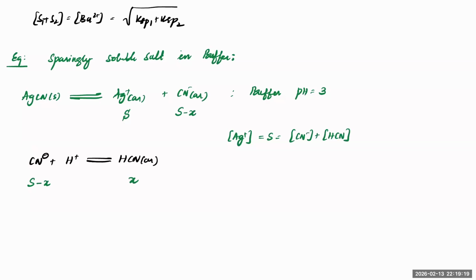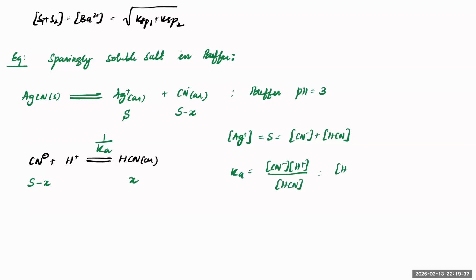And also, the second equilibrium is about the Ka value, 1 by Ka. So I can say Ka is equal to CN- concentration into H+ concentration upon HCN concentration.